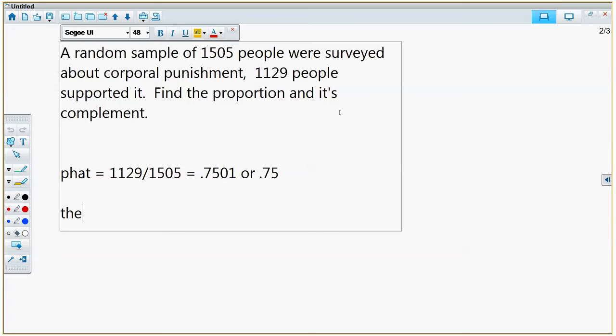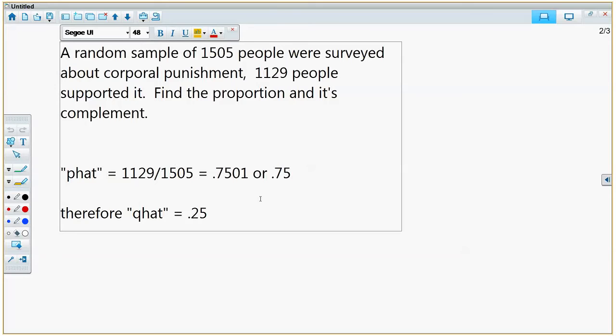Therefore, Q hat, or Q, or whatever, I don't use Q very much, is equal to 0.25. And that's all P is. So don't make it out to be more than that, and 1 minus P is just Q. So I'll put Q hat right there so y'all know what that is. And P hat is P with a caret symbol on top of it. I think I showed you that on the last page. And that's how you find a proportion.